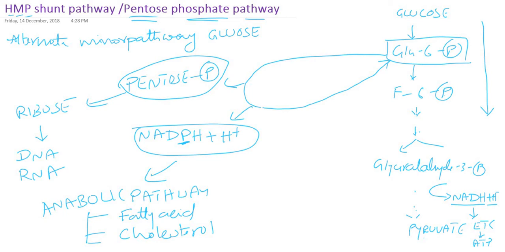That means there are two important aspects of this pathway, even though it is an alternate minor pathway. It is a shunt pathway: the substrate is glucose 6-phosphate and the end product is also glucose 6-phosphate. Glucose 6-phosphate is converted to a pentose phosphate by releasing carbon dioxide, and these pentose phosphates rearrange back to glucose 6-phosphate.